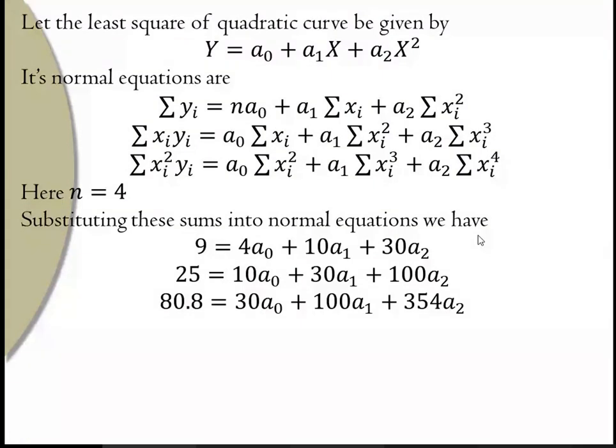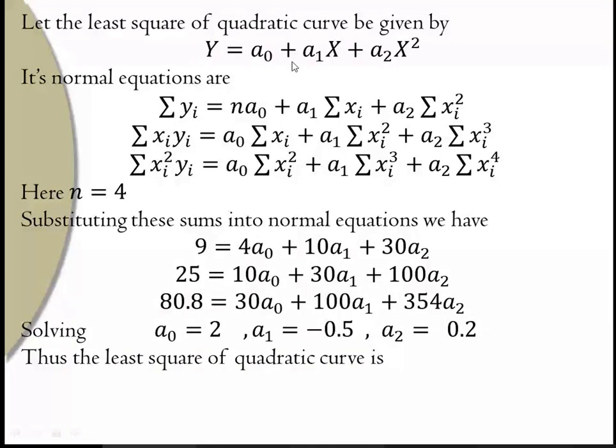So properly put the constant terms on one side and the other terms on the other side, and that gives the values of a0, a1, and a2. a0 is 2, a1 is minus 0.5, a2 is 0.2. Putting these values into the first equation, y is equal to 2 minus 0.5x plus 0.2 x square.